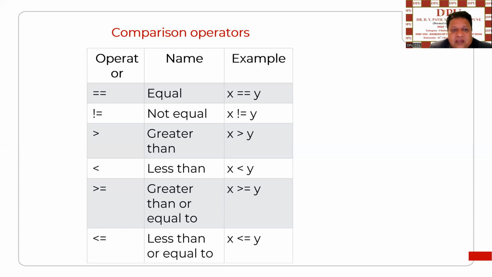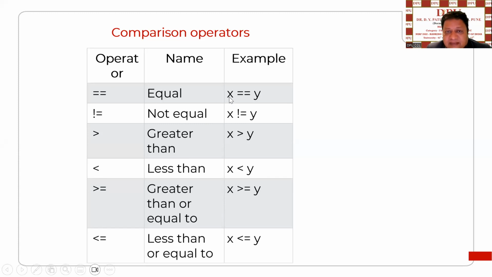If you want to check whether two numbers contain the same value, then I can use the operator is equal to, is equal to. And like I said, the output of every comparison operator statement is either true or false.